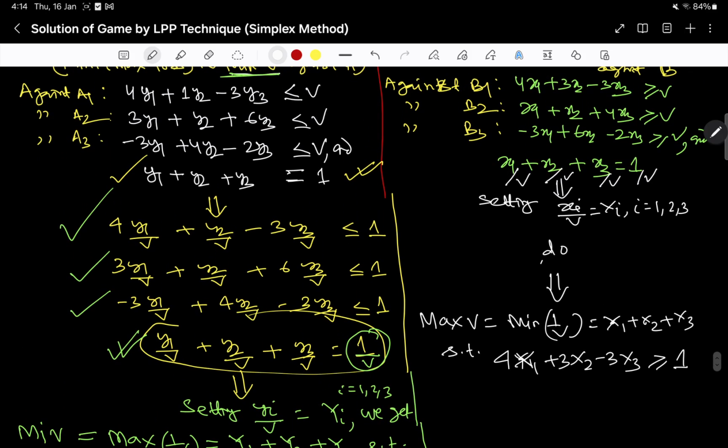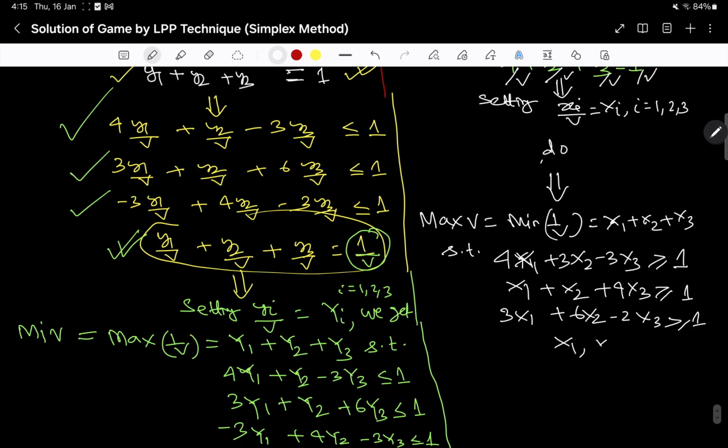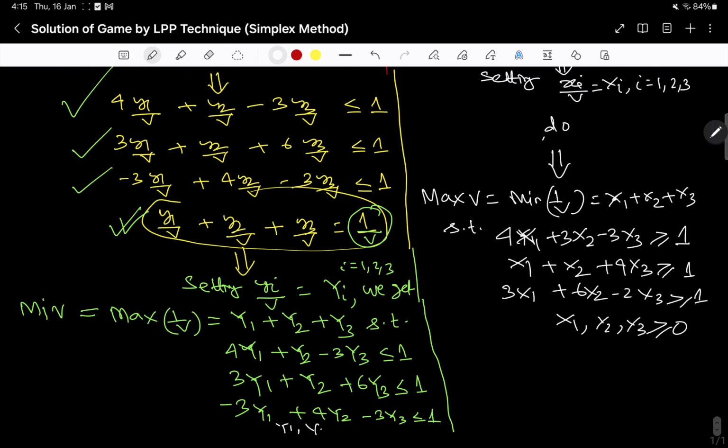Here second, x1 plus x2 plus 4x3 greater than or equal to 1. And here third, minus 3x1 plus 6x2 minus 2x3 greater than or equal to 1. And here x1, x2, x3 greater than or equal to 0. And similarly here y1, y2, y3 greater than or equal to 0.